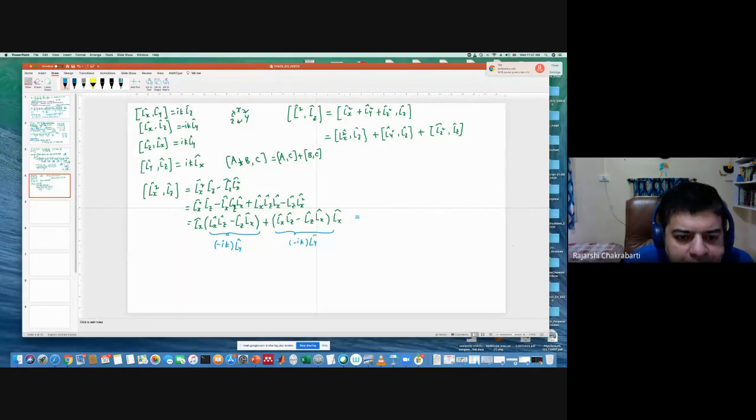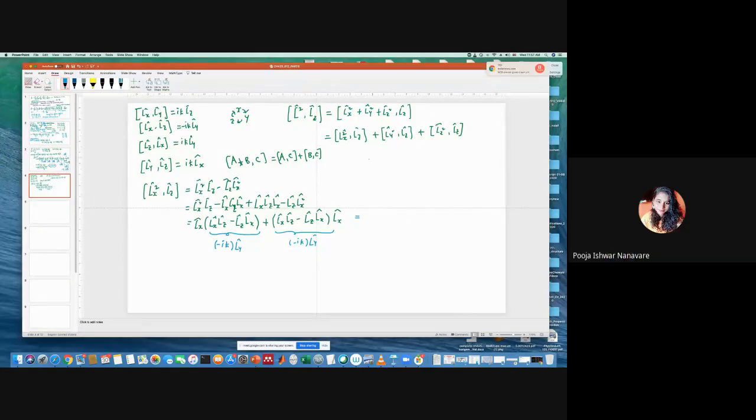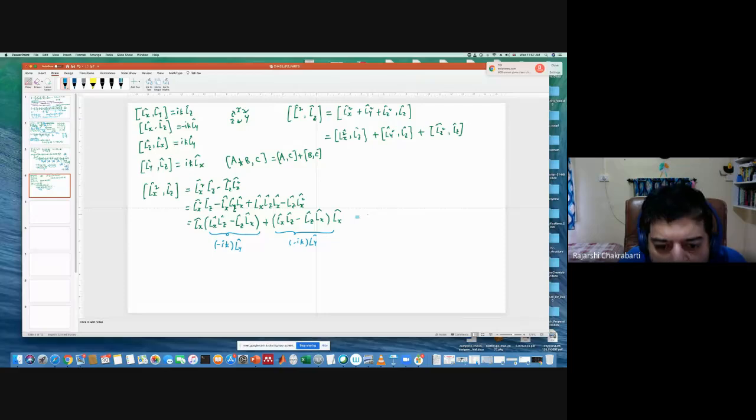I have just added Lx Lz Lx, and then added Lx Lz Lx, and Lx Lz. I think this is fine, no? Is it fine or not? Tell me if I have done anything wrong. It is correct, no? I hope I have not done anything wrong.